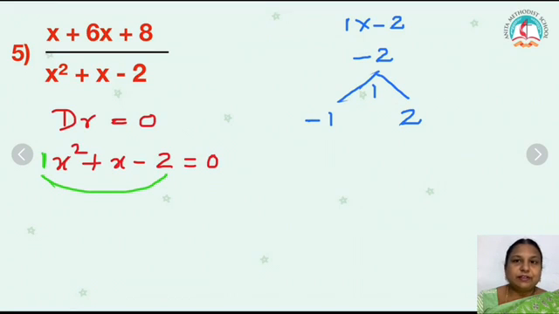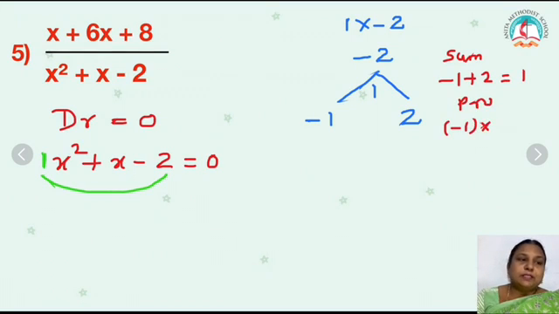Shall we verify, children? If you are adding, what will you get? Minus 1 plus 2 will get plus 1. If you are multiplying, minus 1 into plus 2, you will get minus 2. You have to check like this. Next, what is our variable here, children?